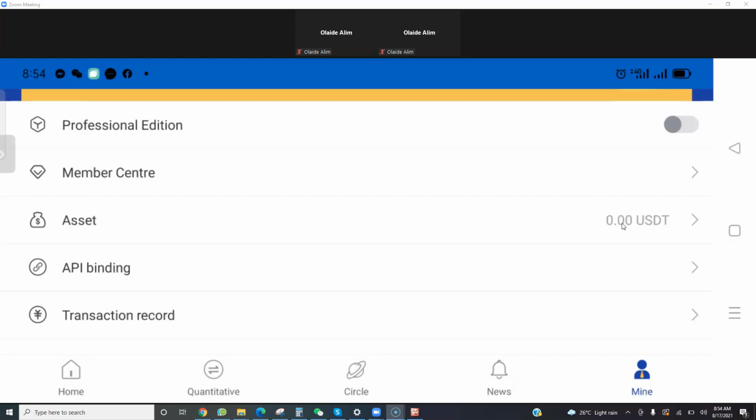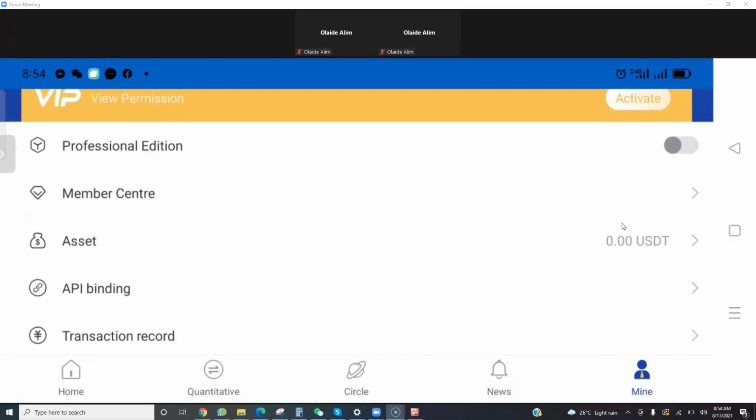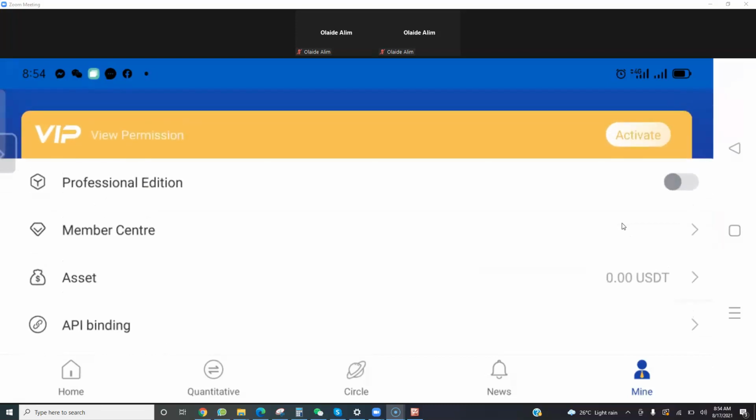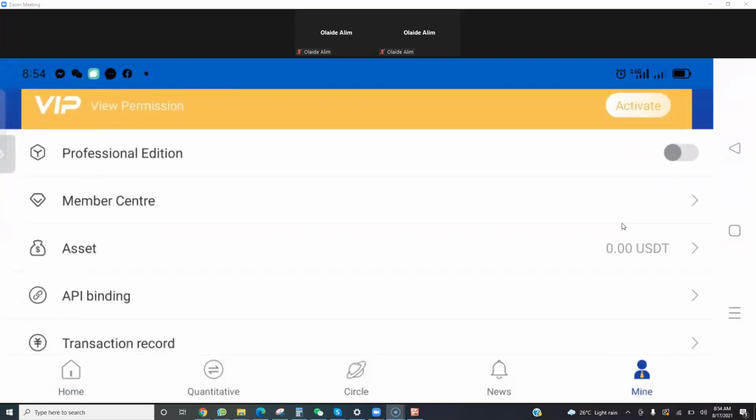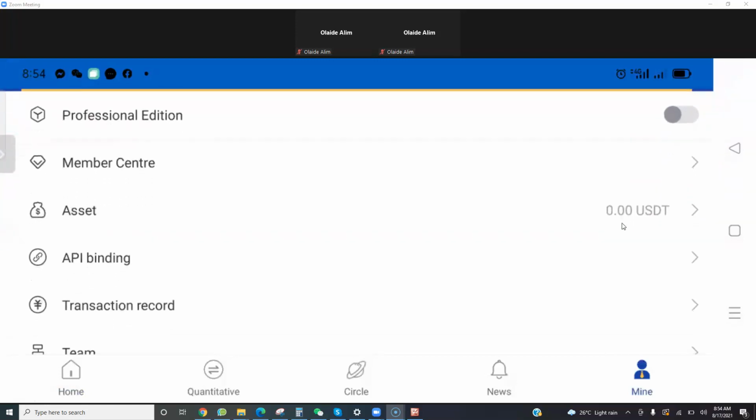They normally do constant updates, and I think that is what this software needs to be in the market for a long period of time. It needs constant update.